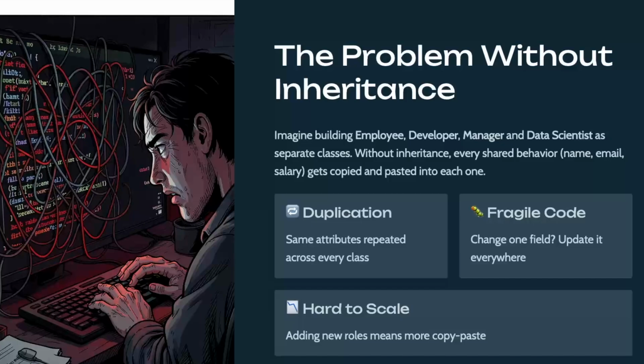This creates duplicated code. Duplicated code is expensive because every future change must be repeated in multiple places. Experienced software developers and engineers try to avoid this duplication whenever possible. Inheritance exists to solve this problem. It allows a child class to reuse functionality from a parent class while still adding to its own behavior.